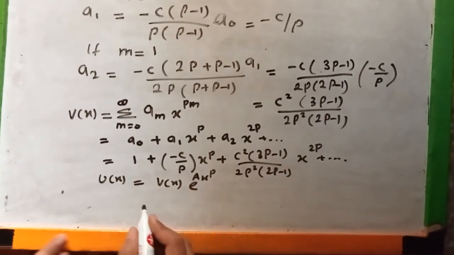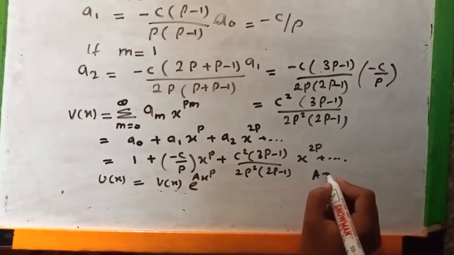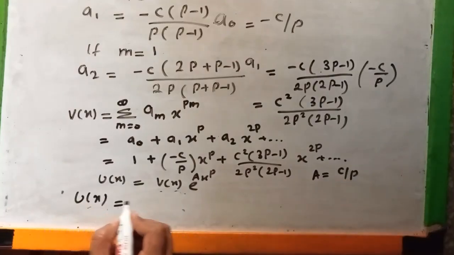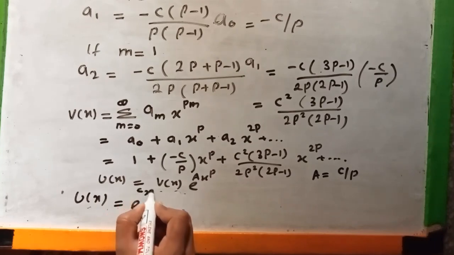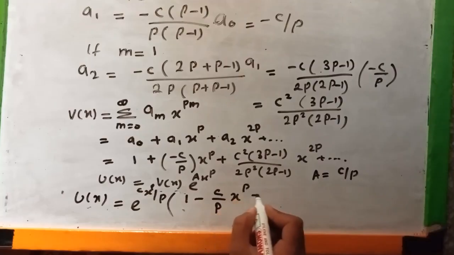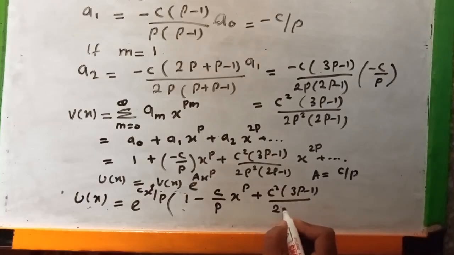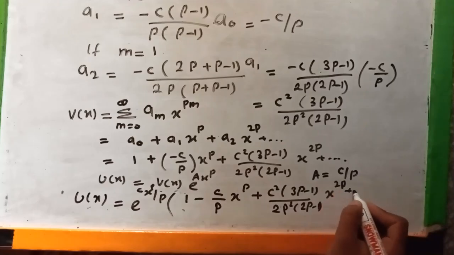So this becomes, using the value of a, which is a is equal to c over p, u of x is equal to exponent c x raised to power p over p multiplied by 1 minus c over p x raised to power p plus c square multiplied by 3p minus 1 over 2p square multiplied by 2p minus 1 x raised to power 2p plus so on.